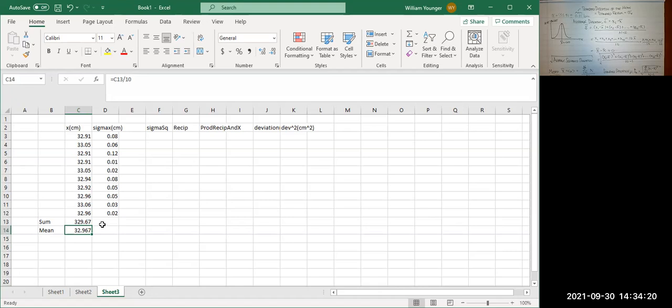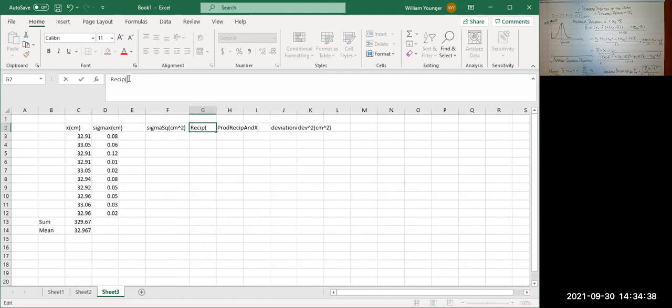Now, if I want to take into account these guys, then the sigma squared is going to be in centimeters squared, by the way. So I can go ahead and make that a little larger just to make sure we can read everything. And the reciprocal of that would be 1 over centimeters squared. I think I left off the parentheses. I did.